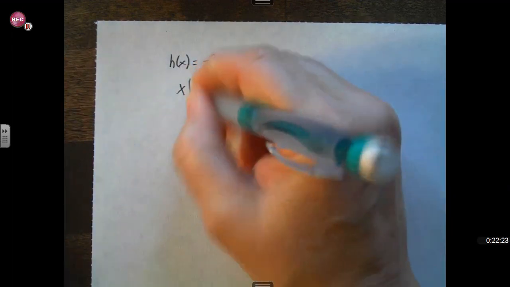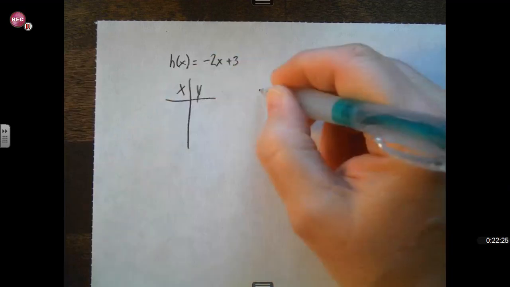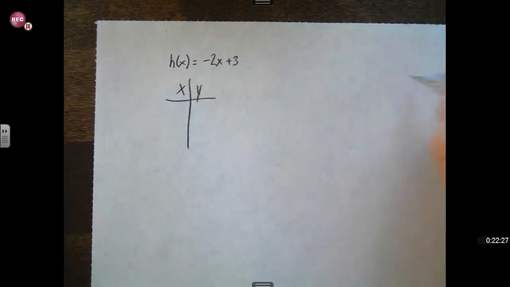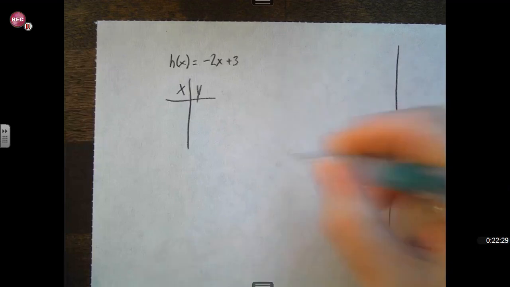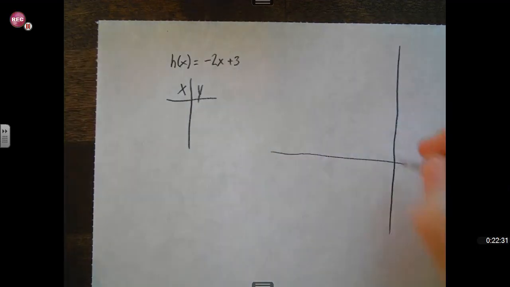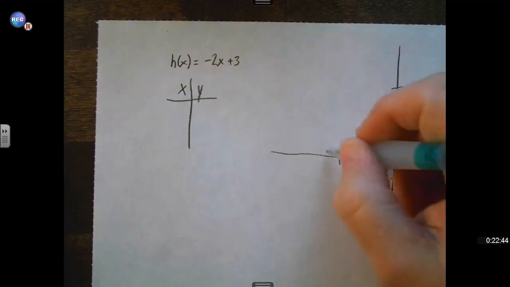When I go to graph these, I like to make a table, even though it's a line, and I could easily graph it using slope-intercept form, which is what it's in. I like to make a table because it makes it easier for me to graph the inverse.